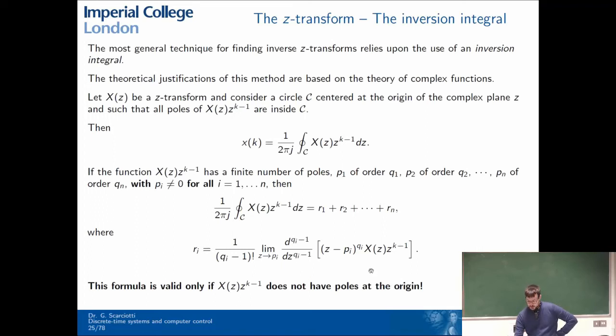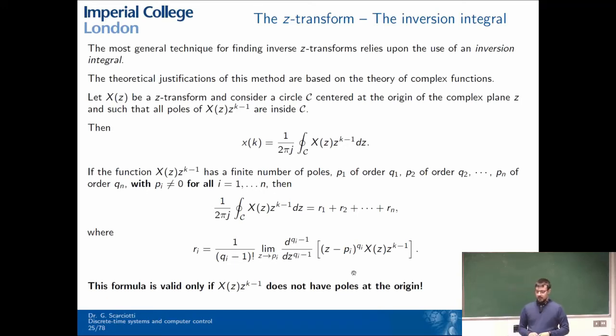The assumption is that the formula is valid only when X(z) times z^(k-1) does not have poles at the origin. So it's important that we are not talking about X(z) itself, but X(z) times z^(k-1) that doesn't have to have poles at the origin, okay?